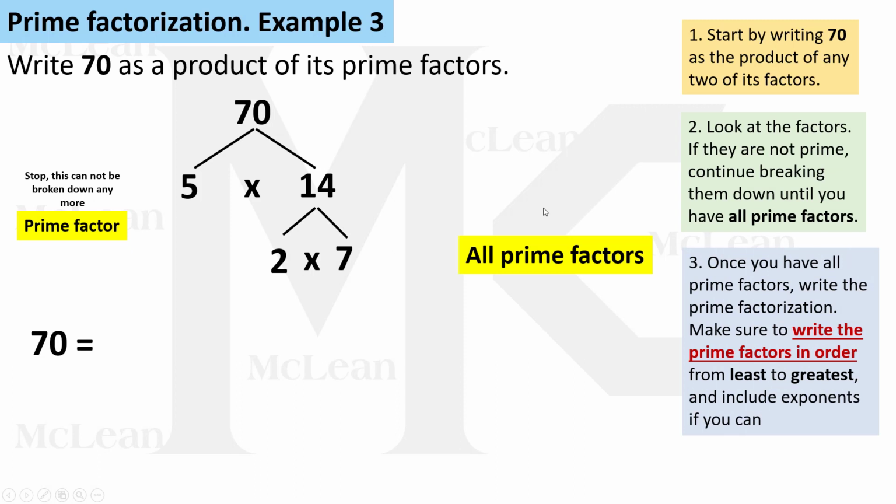So 70 as a product of prime factors is 2 times 5 times 7. Now you may ask, if I multiply in a different order, will we get the same answer? Yes, you would. But because of the way it's asked to be done, do it this way, please. All right? Okay.